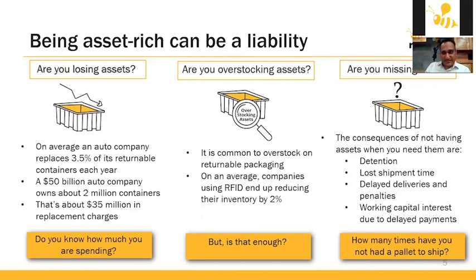Now, you might say you do most of the time, but that one shipment where you don't have a container to ship is probably going to be very costly, because if you're in the B2B space, then you have another company waiting for your product, which is probably raw material as part of their manufacturing process. So, you have downtime and all of the bad stuff.